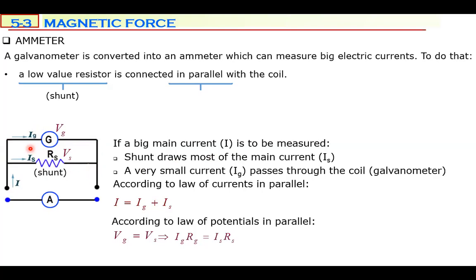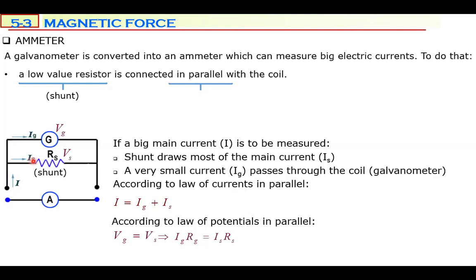So this shunt draws most of the main current, which is I shunt, and a very small current Ig passes through the coil or galvanometer. According to the law of currents in parallel, I must be equal to Ig plus Is.